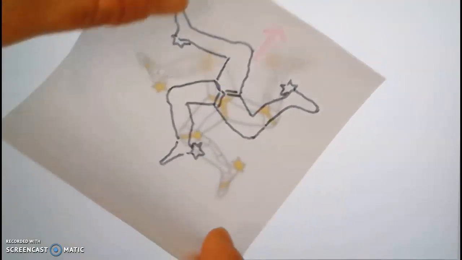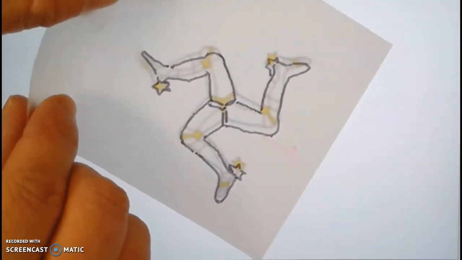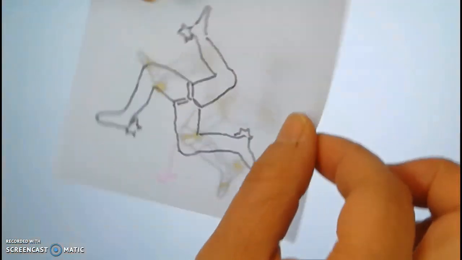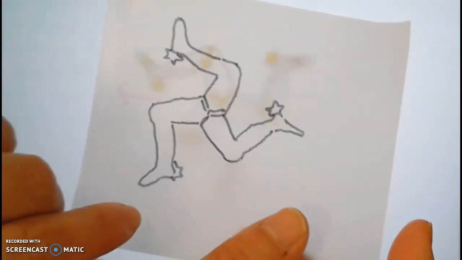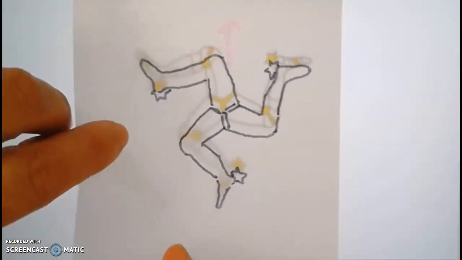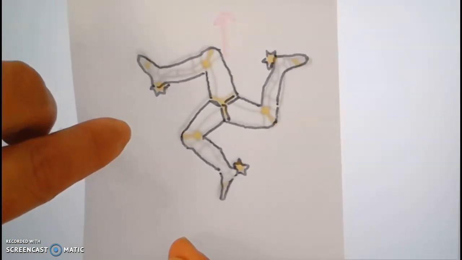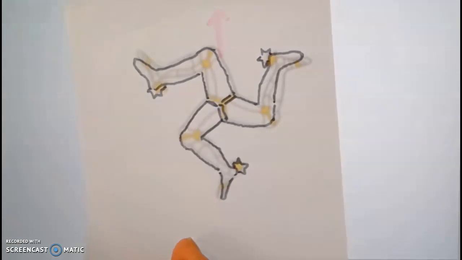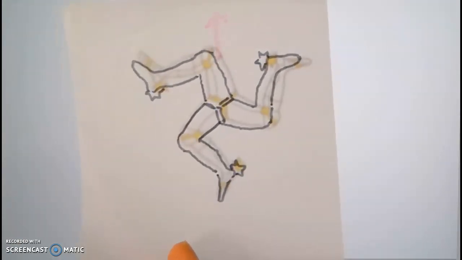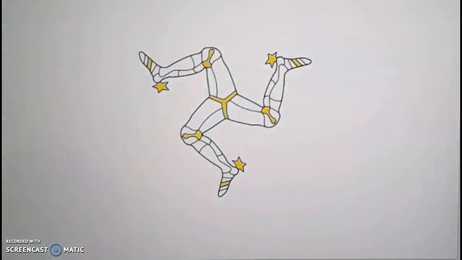Here we go, bam, it matched up exactly once, and twice, and then 3 times when we've reached all the way to where we started, where the arrow is at the top. So yes, this figure has rotational symmetry, and the order of rotation is 3.